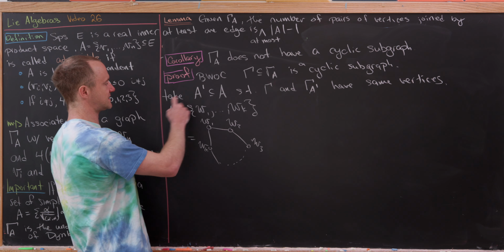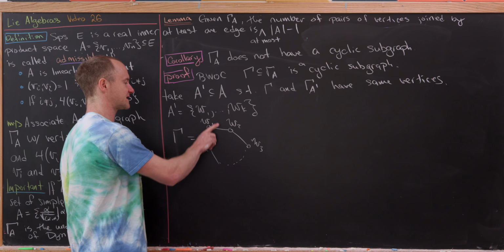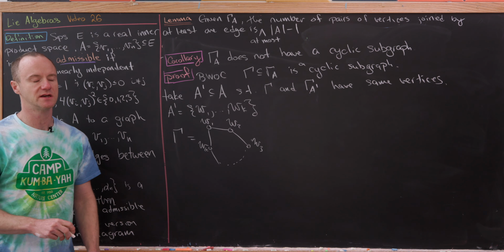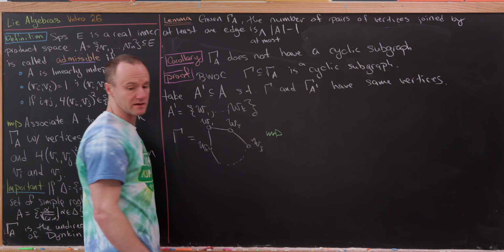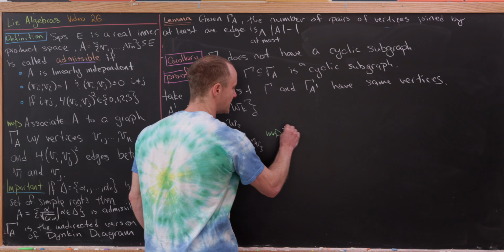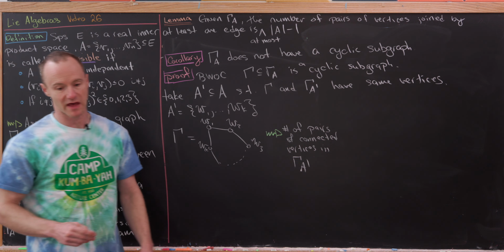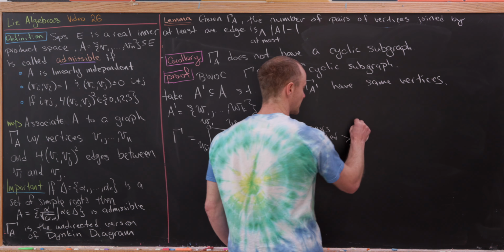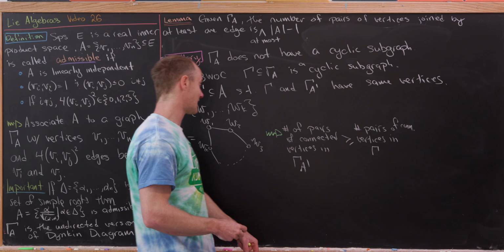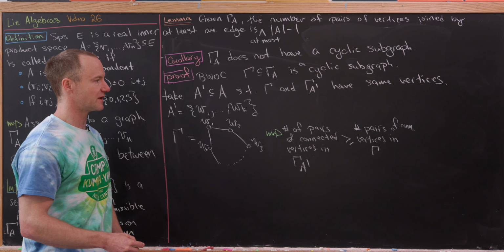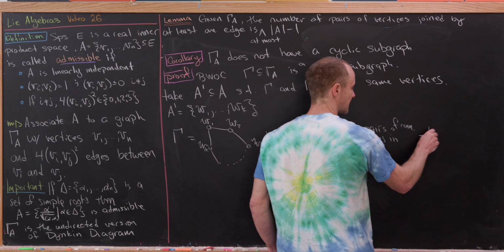And then gamma of A prime is going to have this same general shape, except there might be some more connected vertices. Now, from this setup in this picture, we can immediately see that the number of pairs of connected vertices in gamma A prime is bigger than or equal to the number of pairs of connected vertices in gamma, but we can easily count up the number of pairs of connected vertices in gamma, which is equal to k.